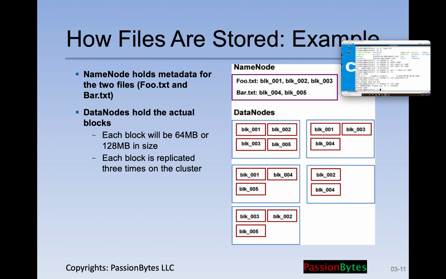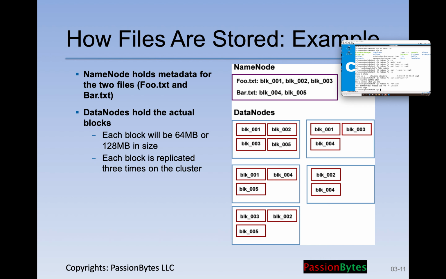The main data, this chunk of data, twinkle little star, is getting distributed into blocks. Each block, block 001, 002, and block 003, has 3 copies. So everywhere you will see that copies are created.